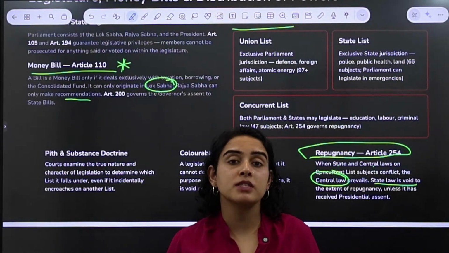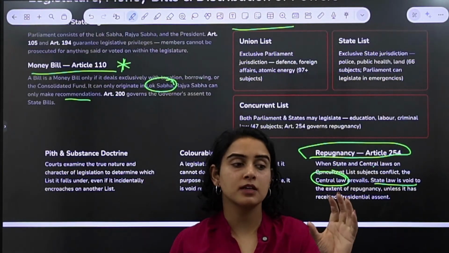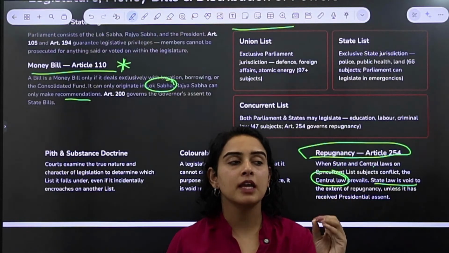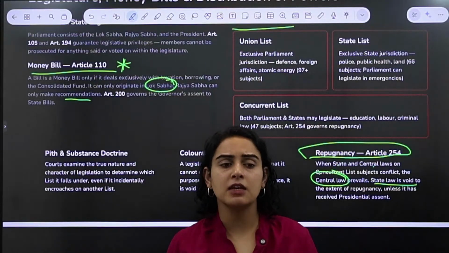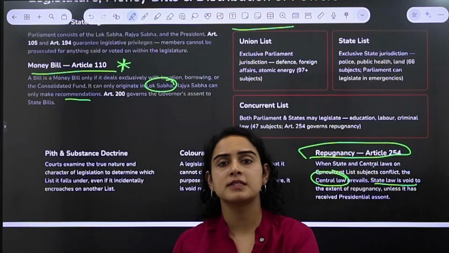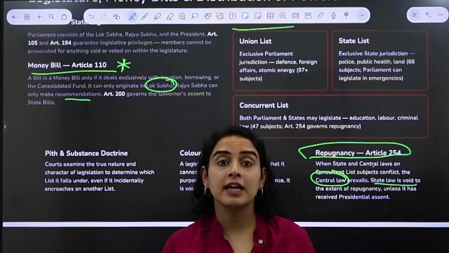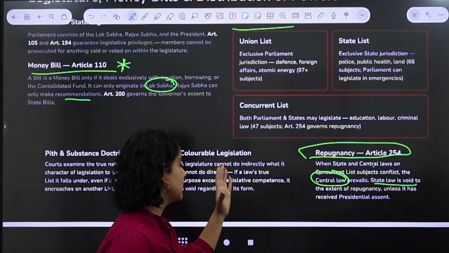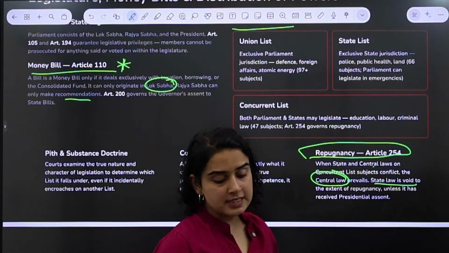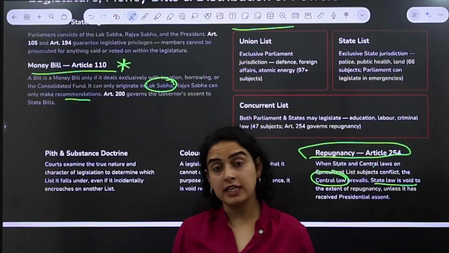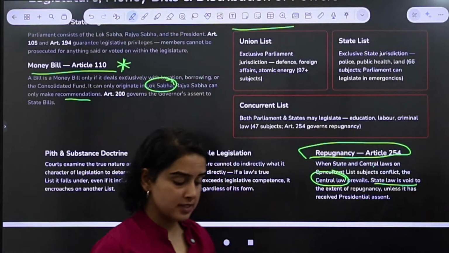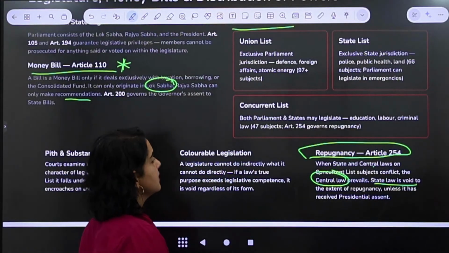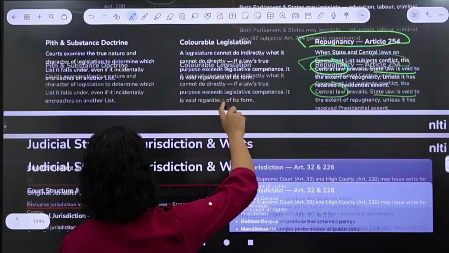But if a certain government in a specific state legalizes a drug which is otherwise prohibited, saying that we are allowing it for medicinal purposes, then again, the doctrine of colorable legislation says that something which cannot be done directly can also not be done indirectly. Okay, that's where this doctrine is applicable. And repugnancy we have already discussed.